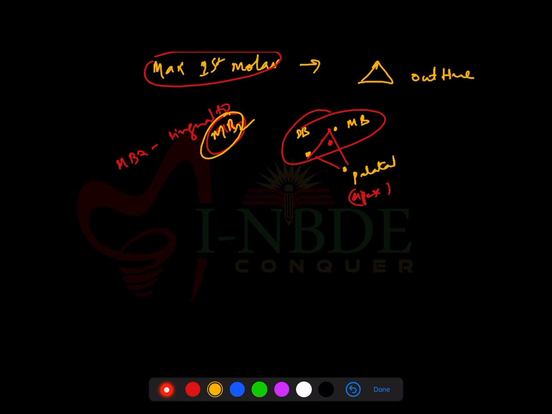The most complex root canal anatomy is seen in the maxillary first molar. You can see that 90% of maxillary first molars will have this MB2, followed by accessory canals. In more than 58 to 60% of cases you can see MB2. So MB2 is seen in more than half of the cases.